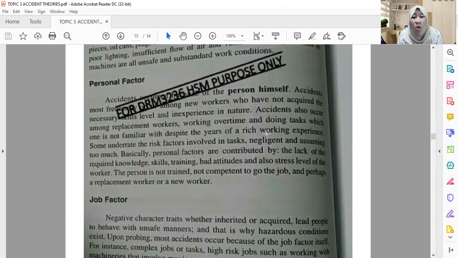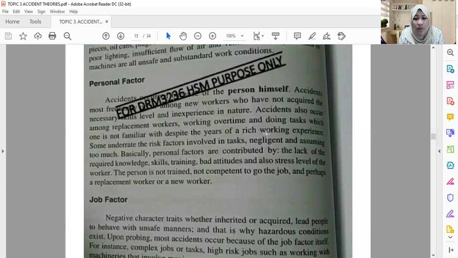And then working overtime, more than what you should remain with, like your normal 8 hours, but you've been asked to do overtime up to 12 hours, meaning 4 hours extra. So that means you have lost your focus because you potentially have burnout. Burnout ni adalah satu keadaan yang mana kita dah letih sangat. Keadaan yang sangat letih dan menyebabkan kita dah tak berupaya nak proceed.